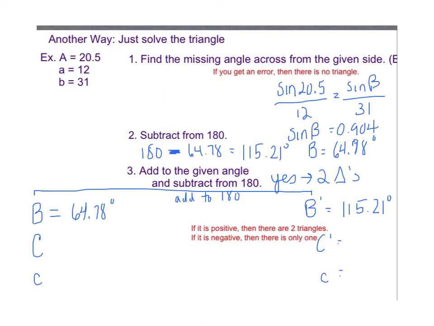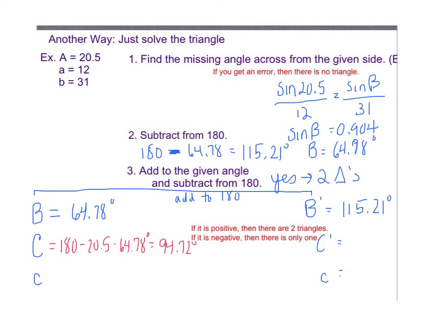Now, remember how you find the third angle. So I'm going to work over here with this triangle right here. I'm going to get C by taking 180 minus 20.5 minus 64.78, and that's going to get me 94.72.